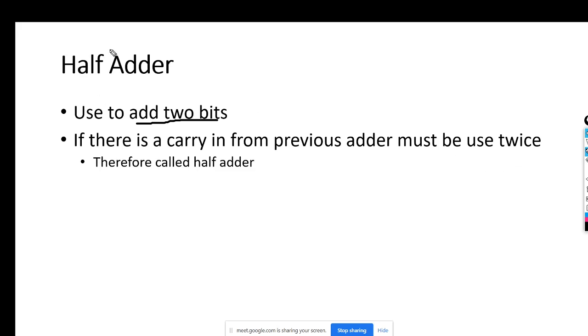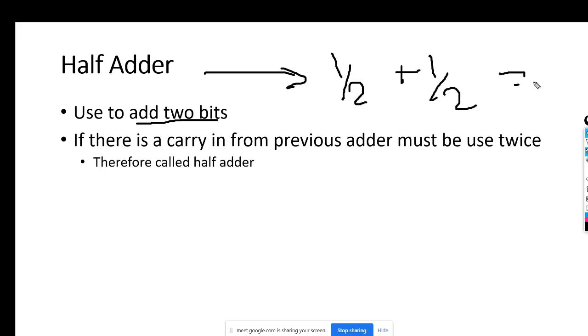That is why we call it a half adder. Basically, it does the job halfway. So when we are using the half adder, we have to use it twice. Half plus half is 1. When we are looking at the half adder, you will see that it has some issues also. Right. Now let's first look at the half adder.